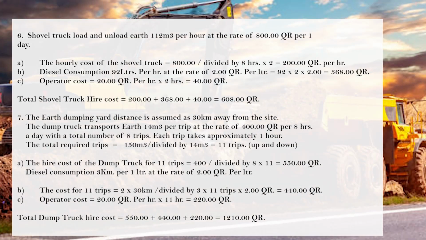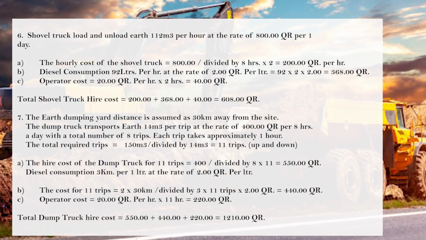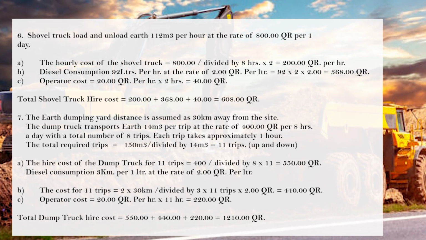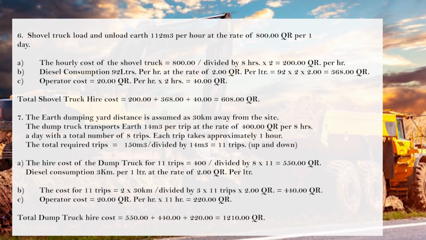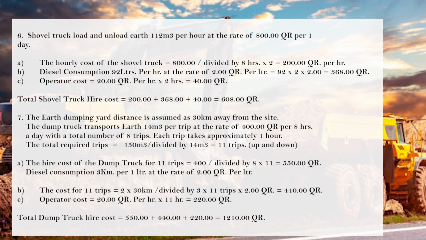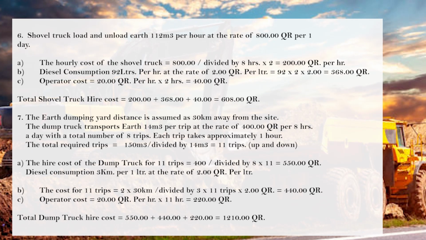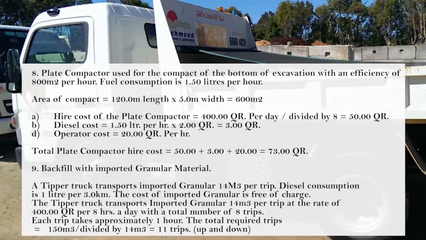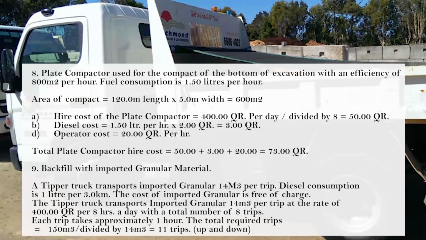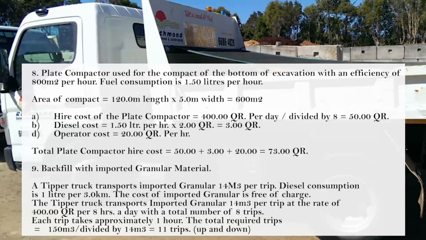C. Operator cost 20 Qatar riyal per hour into 11 hours equals 220 Qatar riyal. Total dump truck hire cost equals 550 plus 440 plus 220 equals 1210 Qatar riyals.